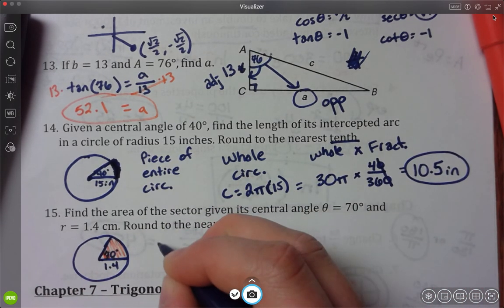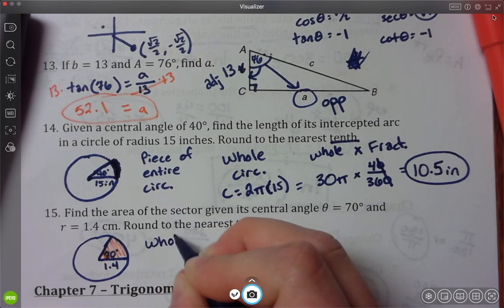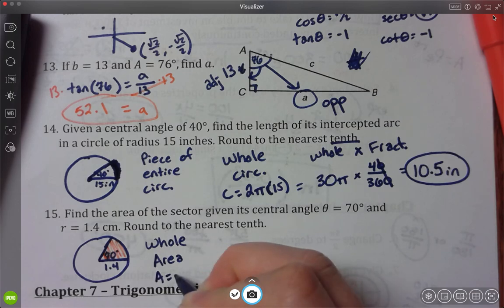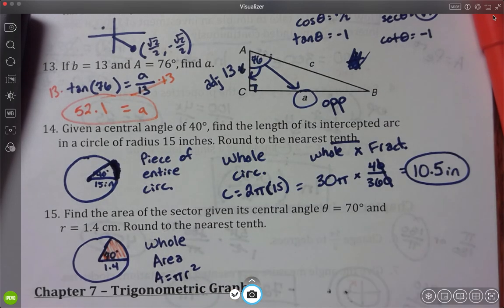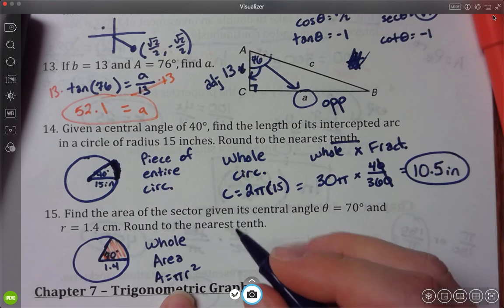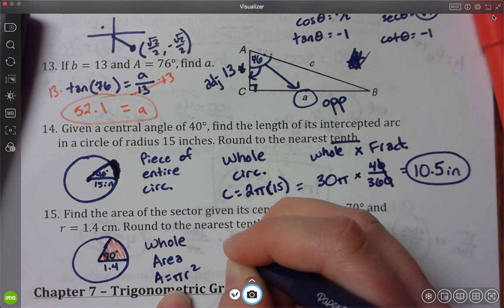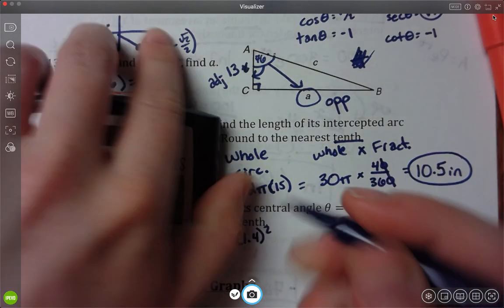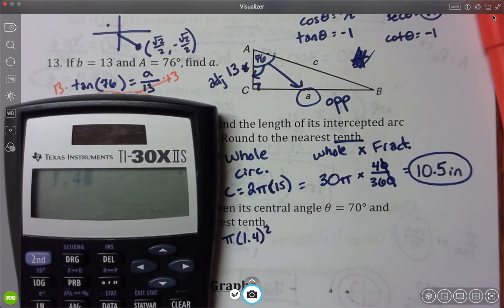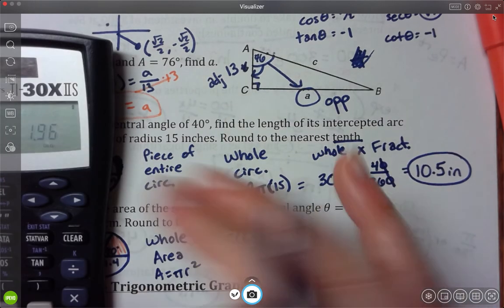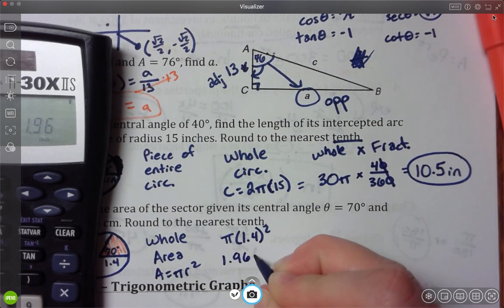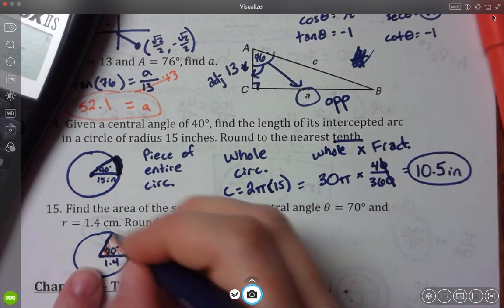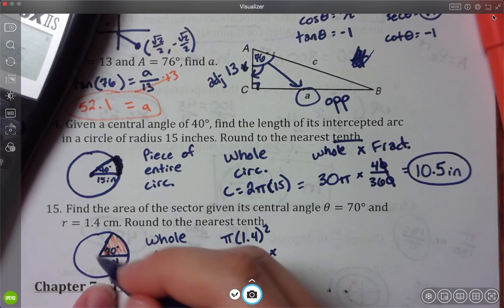Again, I'm going to take the whole area first. The area is pi radius squared, so this would be pi times 1.4 squared. 1.4 squared is 1.96, so 1.96 pi is the whole area if I would fill this entirely in.